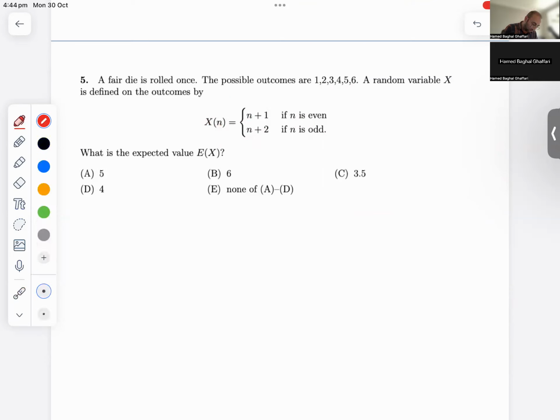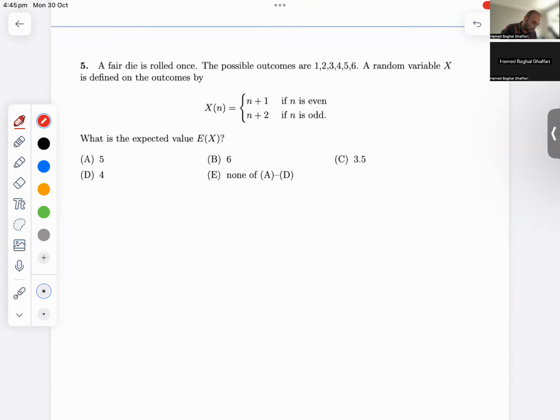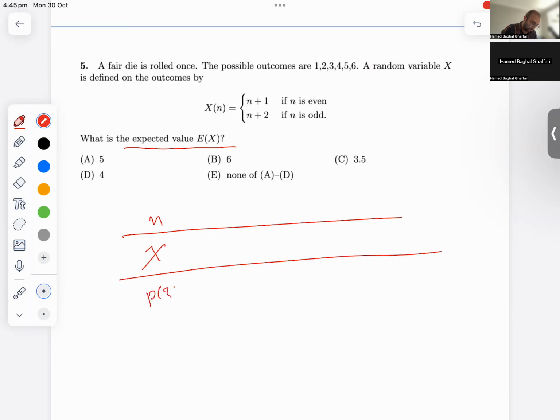We are going to obtain the mean, or expectation, of x. So we need p of x for calculating the expectation of x. So 1, 2, 3, 4, 5, 6.